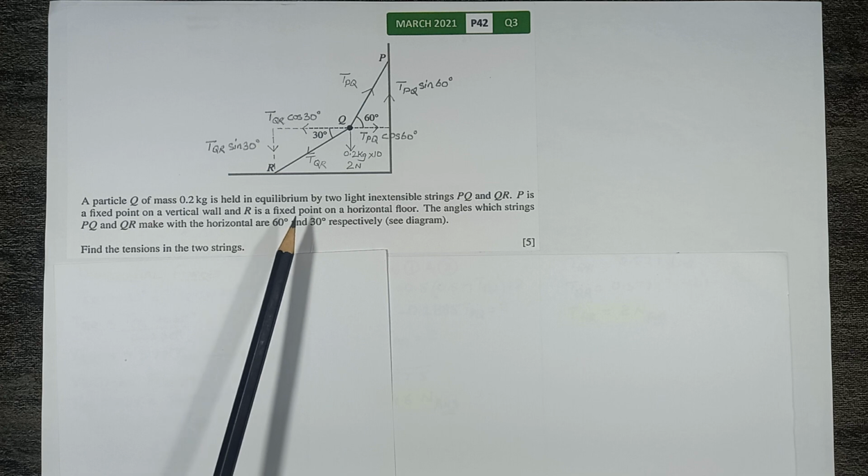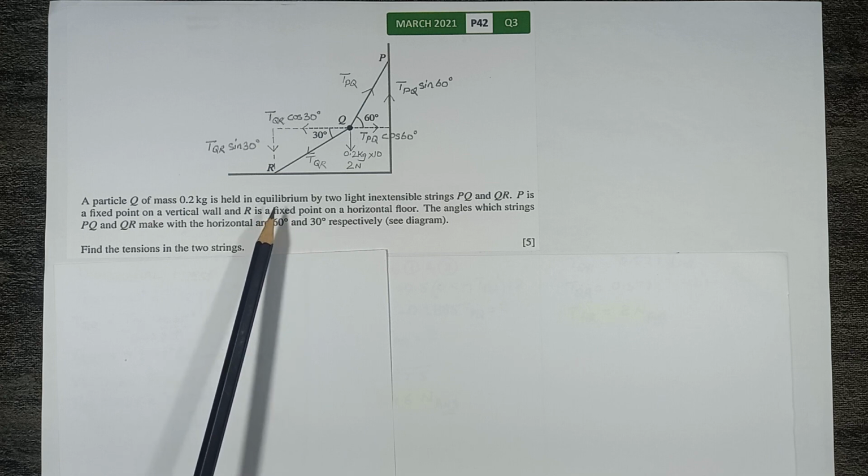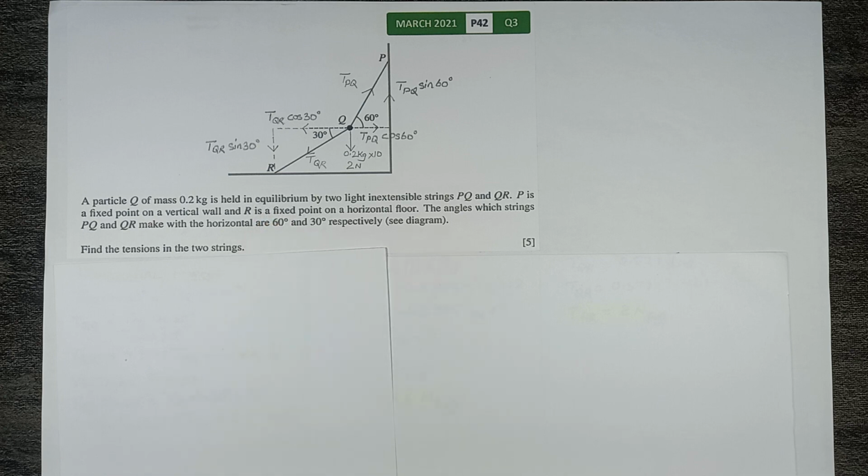Because the condition given is an equilibrium condition, we have to split them into components. Equilibrium means opposite forces are equal, so the opposite horizontal and vertical forces are equal. For that we have to split them into horizontal and vertical components.